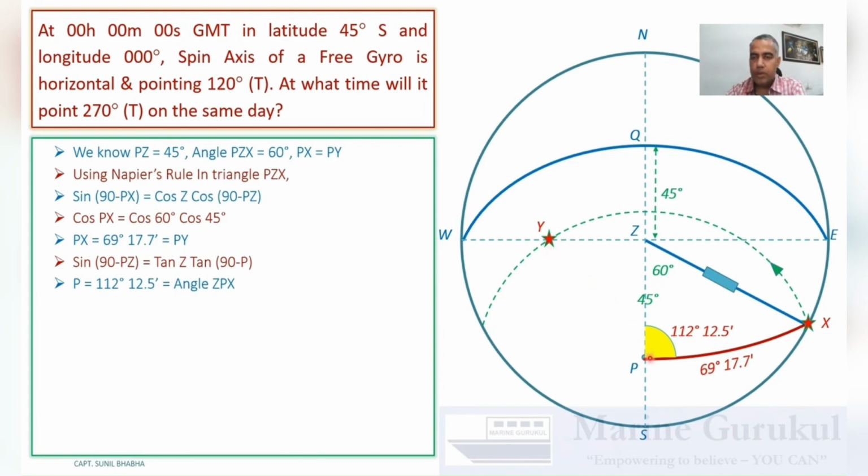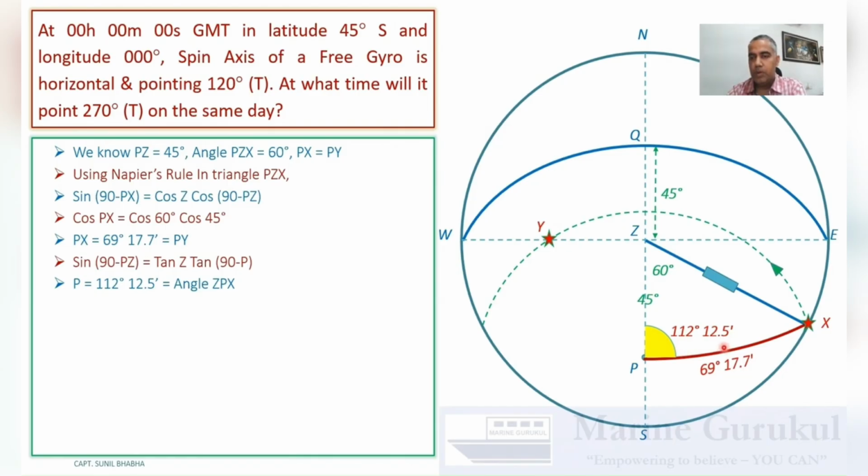Also, before going further, in this same PZX triangle, we can apply Napier's rule again, and using these two items, PZ as 45 and angle Z as 60, we also calculate angle P of the triangle, the yellow angle which you see, and this comes out to be 112 degrees 12.5 minutes.